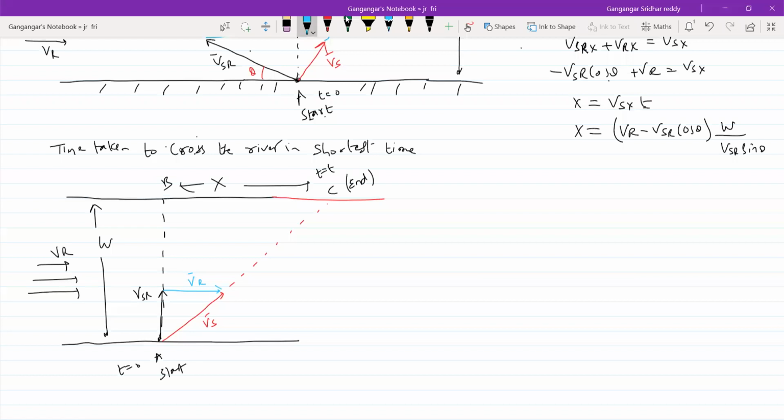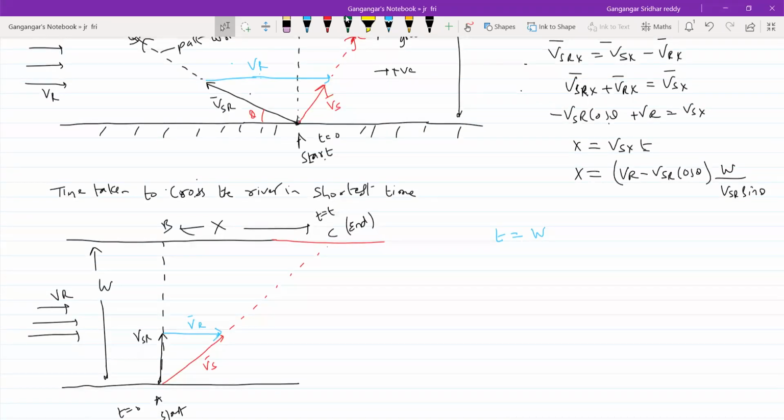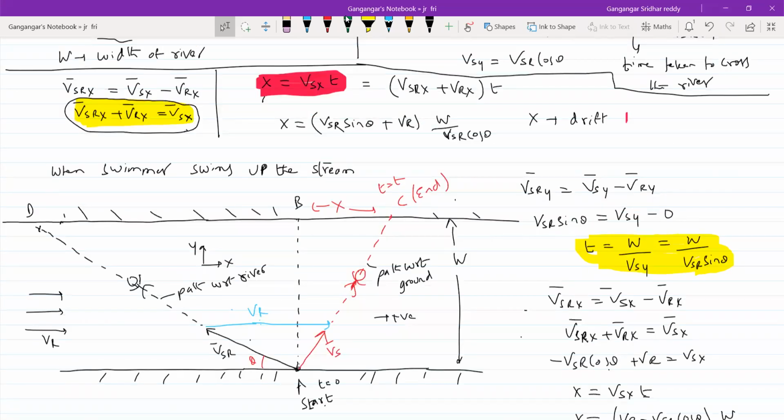This is very important. So what is the basic thing? Time is equal to W by VSR. When T is minimum, theta equals 90 degrees. I'm directly taking help of this.